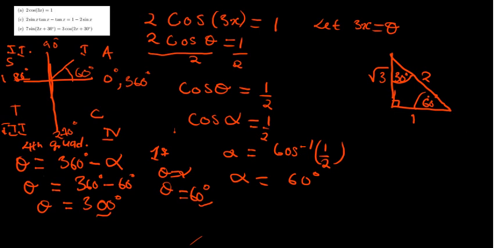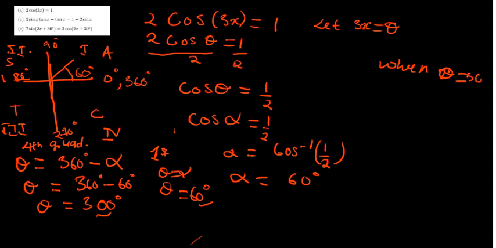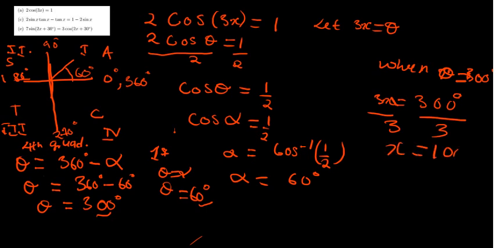But let's go back to the question. We are asked to find x and not theta. So when theta is equal to 300 degrees, we substitute where we said 3x is equal to theta, so 3x is 300. We divide by 3, so x is equal to 100 degrees.